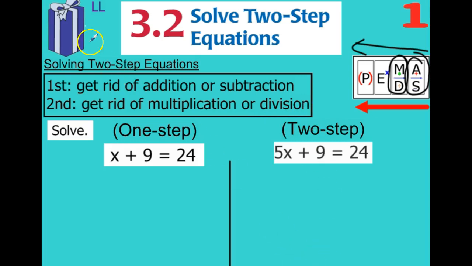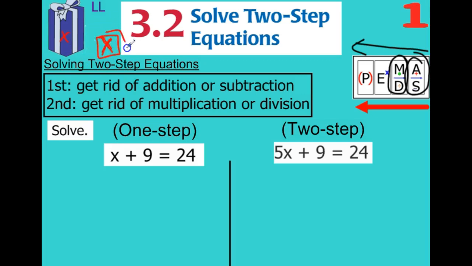We can think of this as unwrapping a present. If you want to get to whatever is that surprise on the inside here, you have to unwrap the ribbon, and then you have to unwrap the box. Everything comes in layers. So if we want to get to the prize or the present on the inside, generally they come in a box. Well, we can't just take the box out without unwrapping it first.